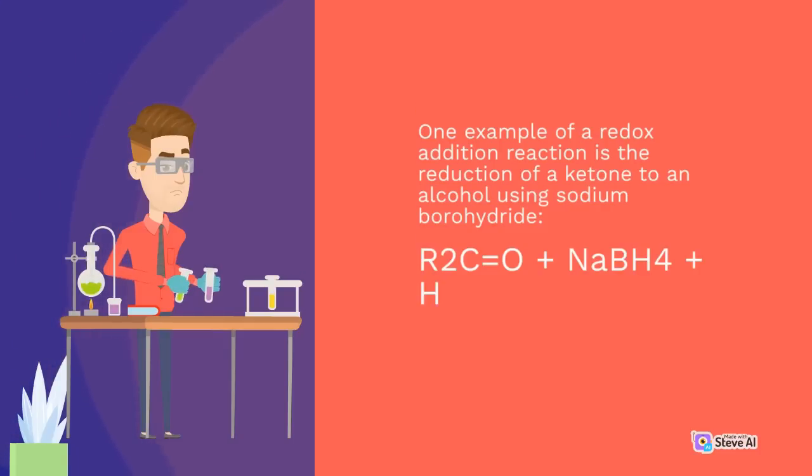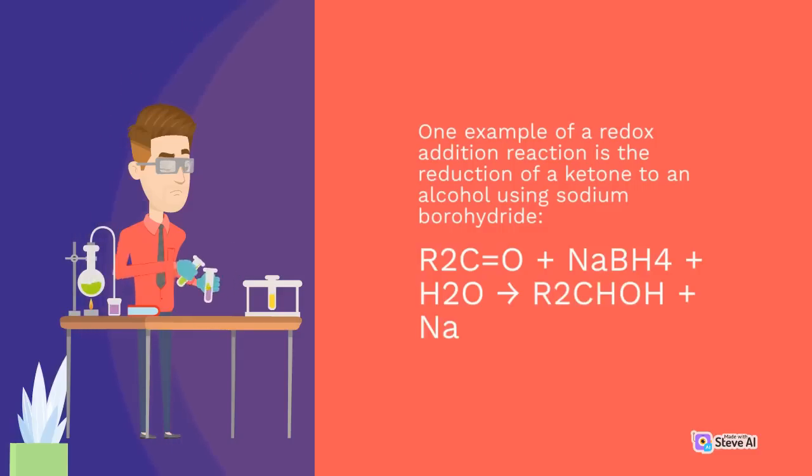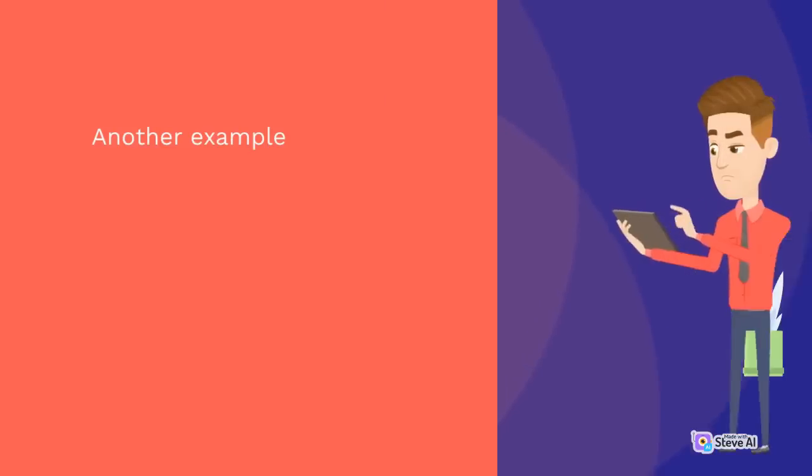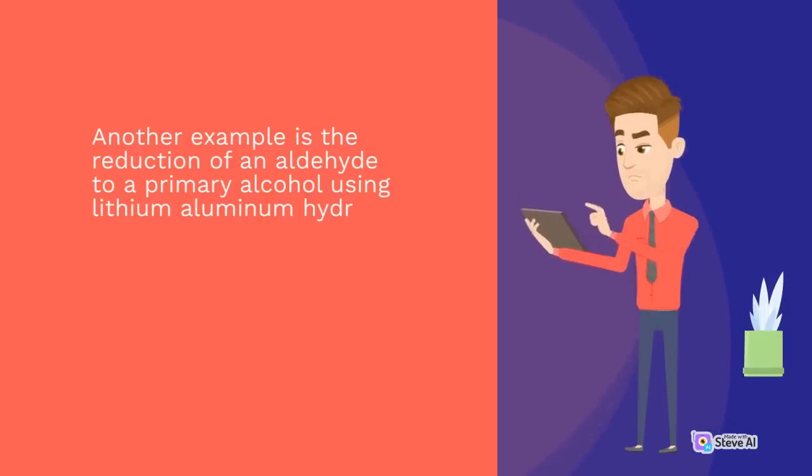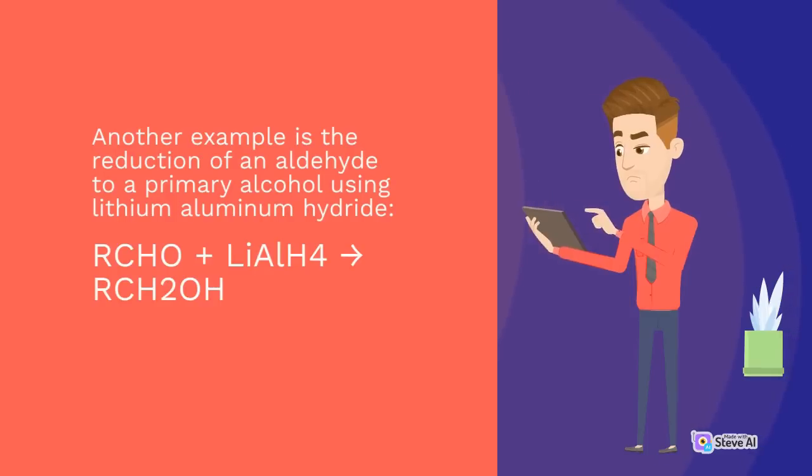R2C=O plus NaBH4 plus H2O yields R2CHOH plus NaBO2 plus H2. Another example is the reduction of an aldehyde to a primary alcohol using lithium aluminum hydride. RCHO plus LiAlH4 yields RCH2OH plus LiAlO2 plus H2.